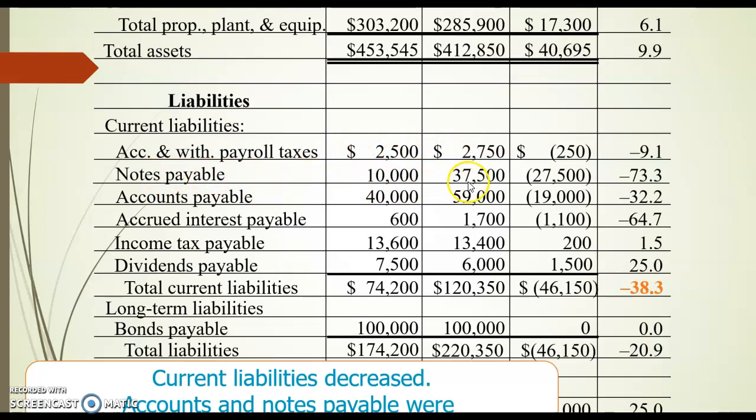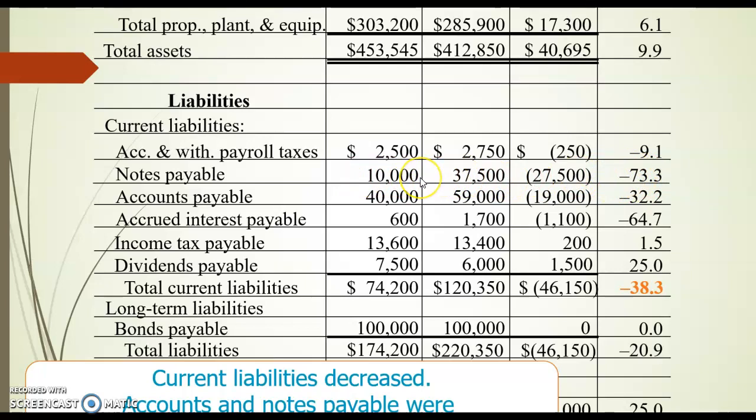Notes payable went down by $27,500, and plus it's big numbers to begin with, went down by 73.3%. That's huge. Okay, so we would want to investigate that, and there would be notes in the financial statements.